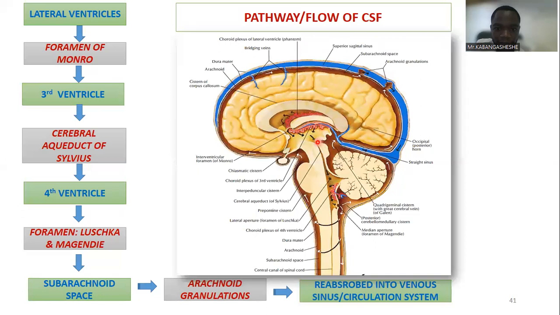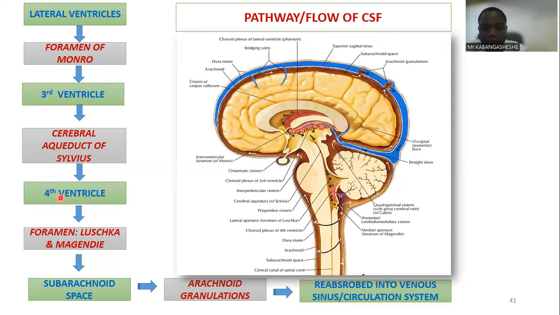That is the midbrain. Through the midbrain, using a small tunnel or channel known as the cerebral aqueduct of Sylvius, or the mesencephalic aqueduct of Sylvius, that tunnel there, it now enters the fourth ventricle.